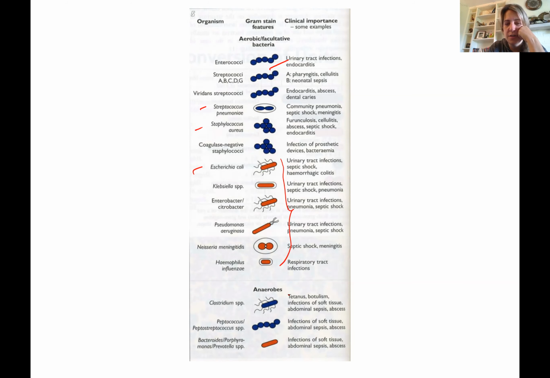I want you guys to understand that Clostridium is gram-positive. These particular ones here on this area are aerobic, and these ones here are anaerobic. So anaerobic means that they live in the absence of oxygen, and aerobic means that they live in the presence of oxygen.